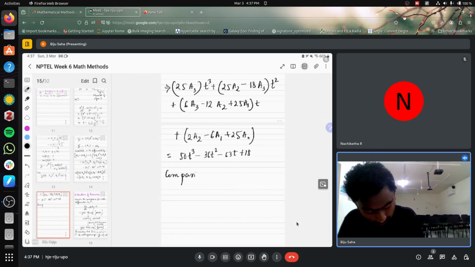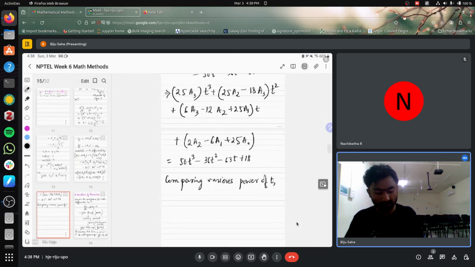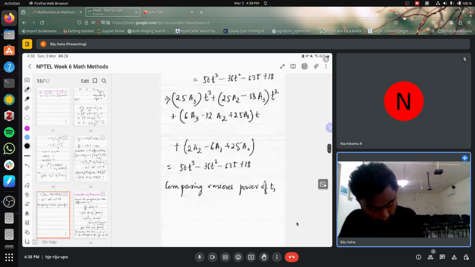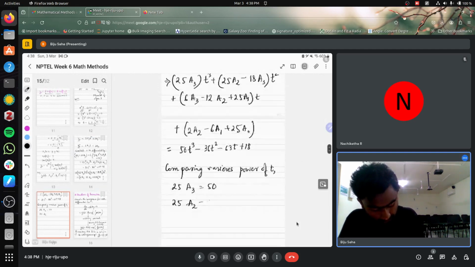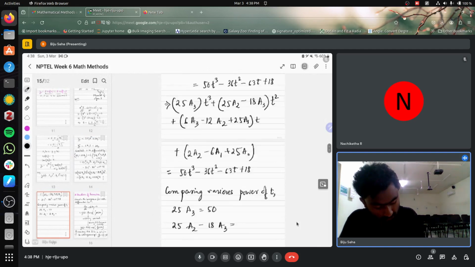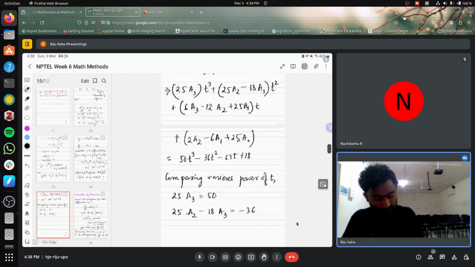Now comparing various powers of t, the coefficients of various powers of t, what you get is first of all 25a3 is equal to 50, that is one equation you get, and then the next equation is 25a2 minus 18a3 is equal to minus 36, the second equation.